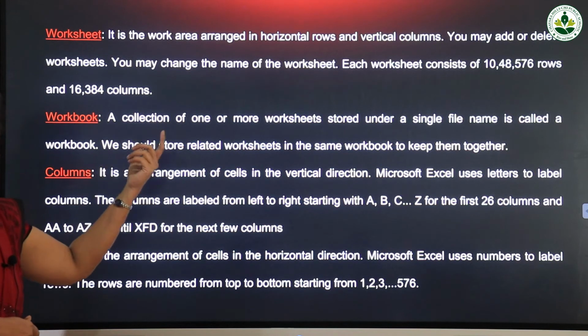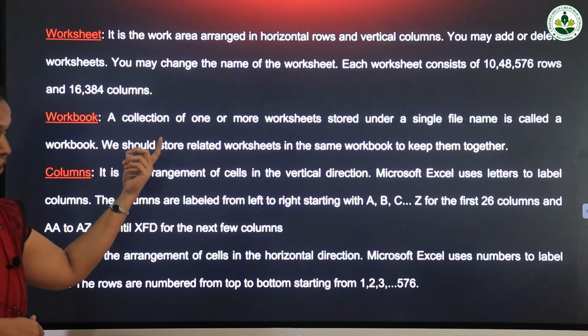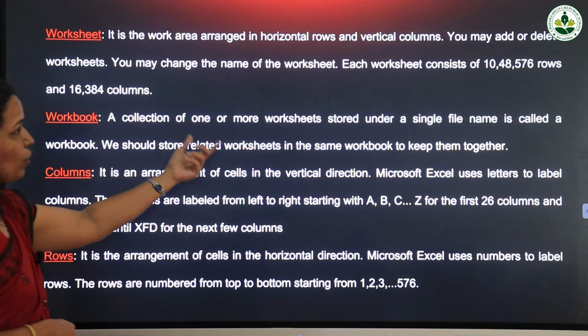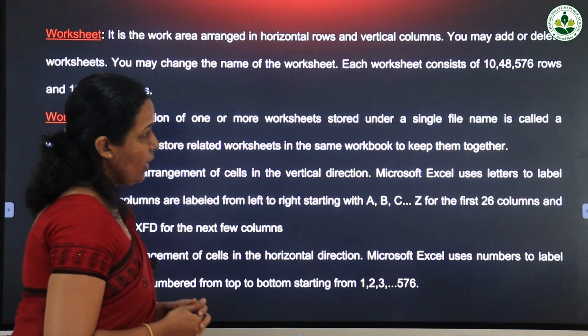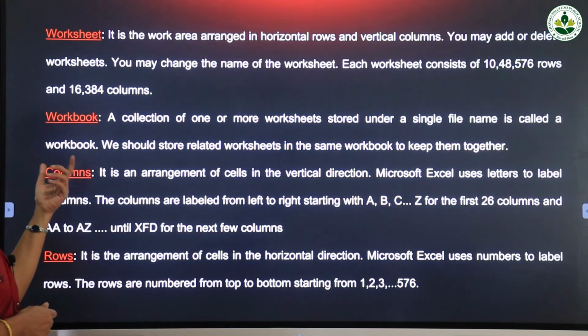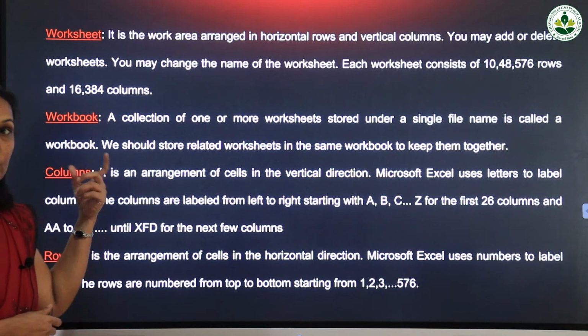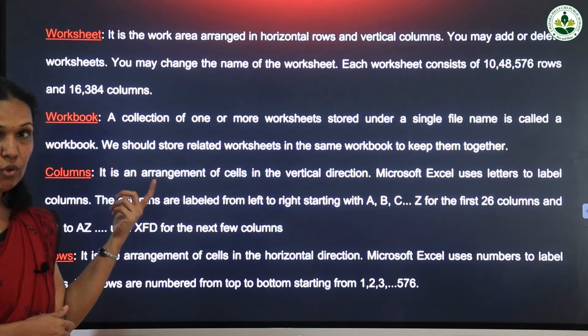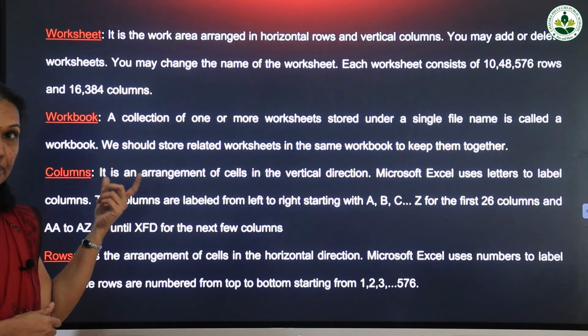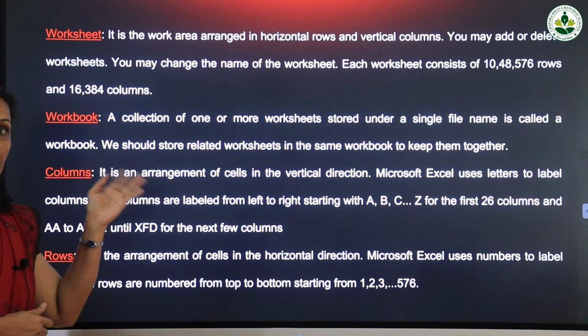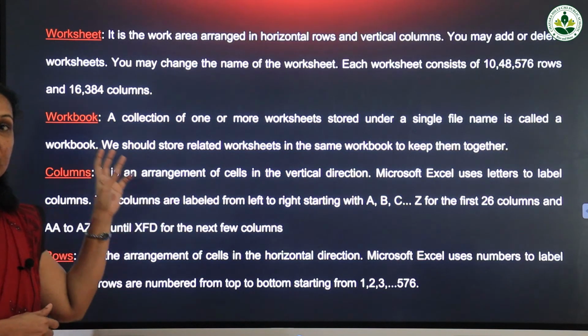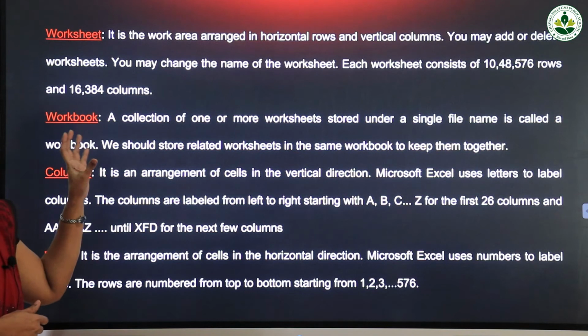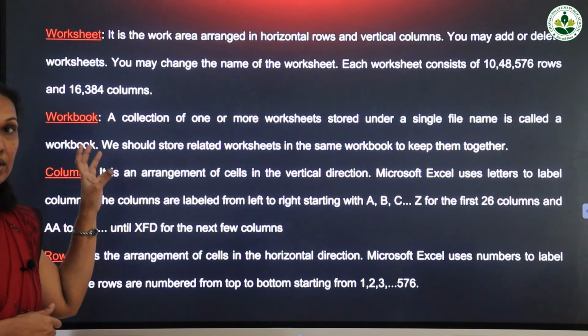A collection of one or more worksheets stored under a single file name is called a workbook. So we are saving the workbook, we are not saving the worksheets. In a workbook there are many worksheets, and when we save this, that is called a workbook.